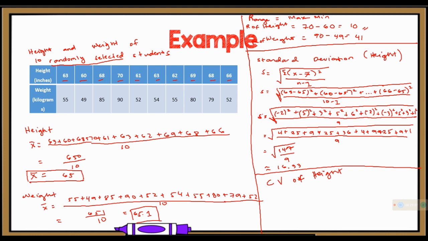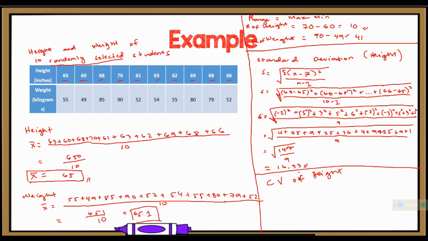Given ba tayo dun sa dalawa na yon? Yes, alam natin kung ano yung value ng dalawang yan, kasi na-compute na natin sila kanina. So, what is the value of your mean? The value of your mean for height is 65. What is the value of your standard deviation? The value of your standard deviation is 16.33.